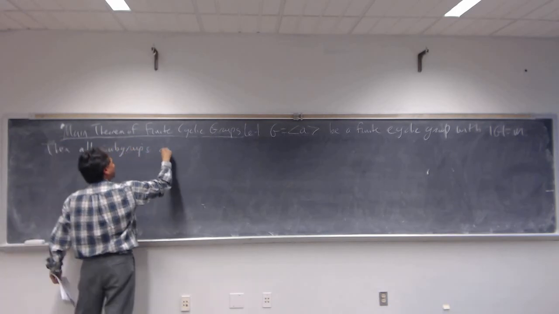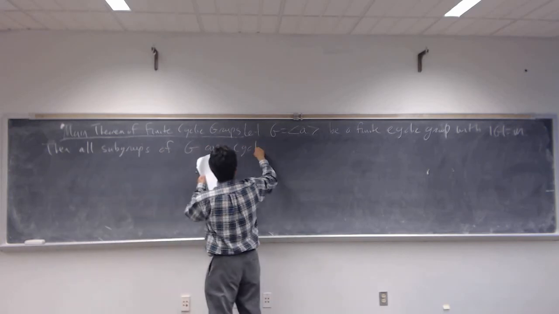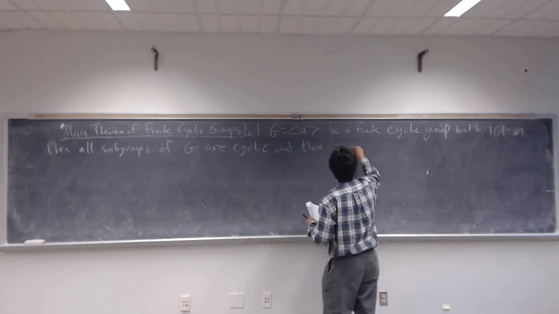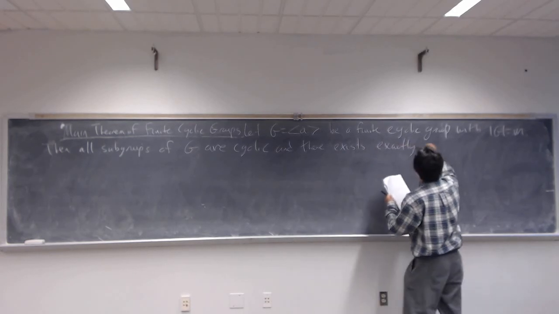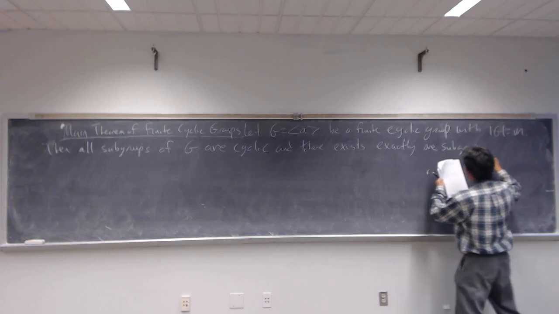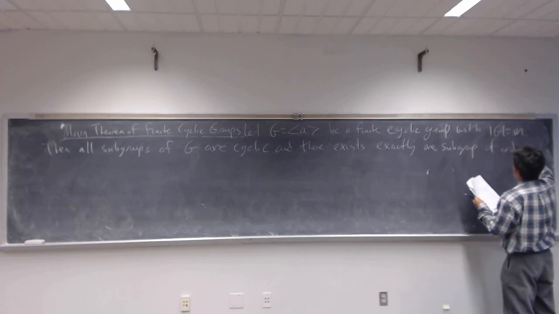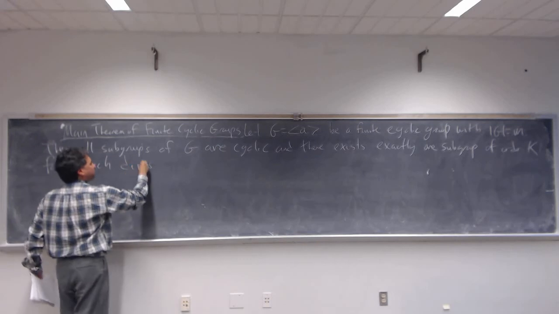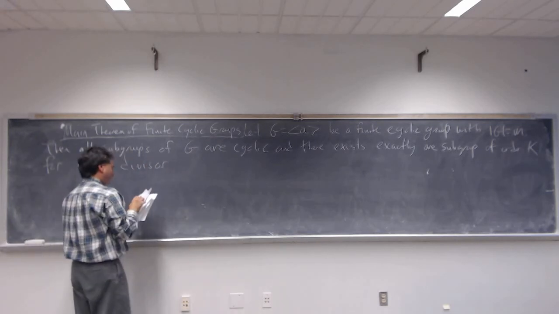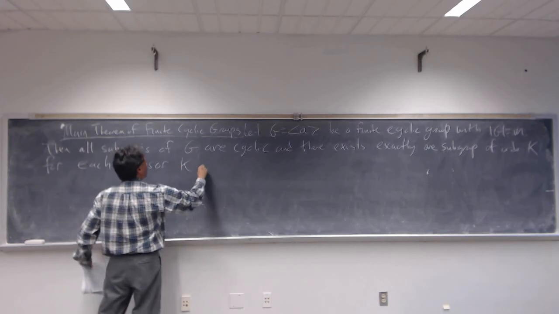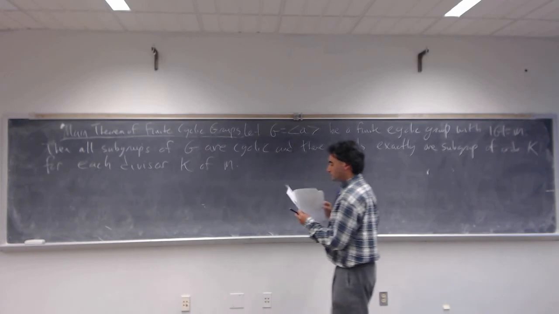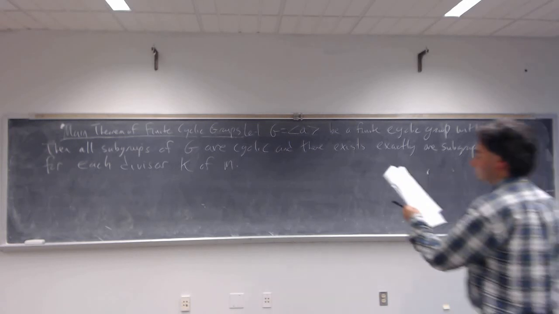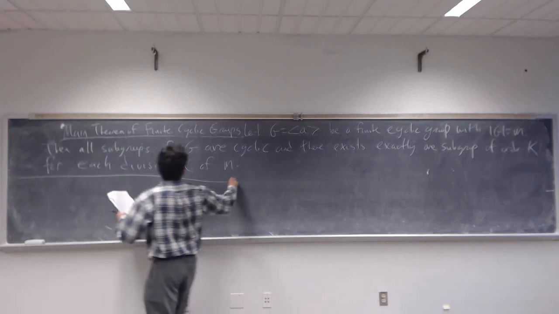Then all subgroups of G are cyclic, and there exists exactly one subgroup of order k for each divisor k of n. So let us begin the proof of this.